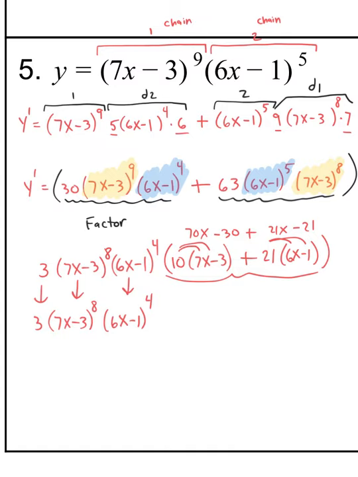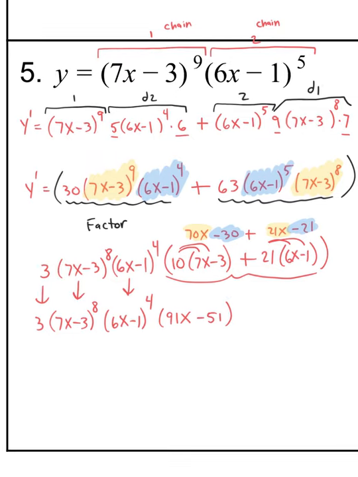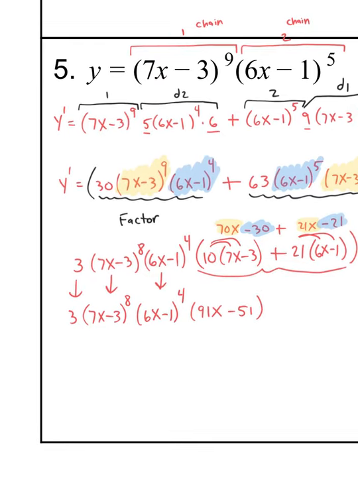So I have 70x and 21x. That gives me a 91x down here for my final simplified answer. And then I have a negative 30 and a negative 21, and that gives me a negative 51. All right? So there's a lot of steps there for this problem, but this is your final best full credit factored answer. All right, that's page 1.